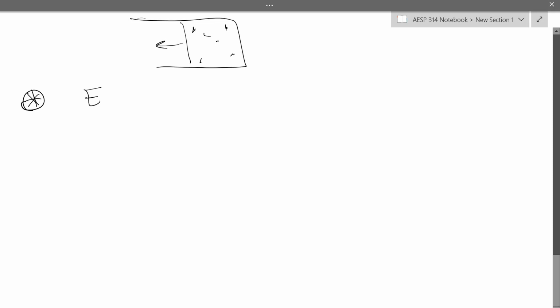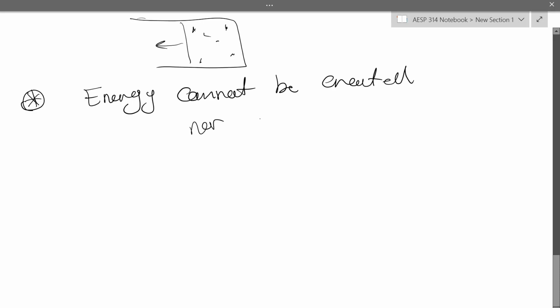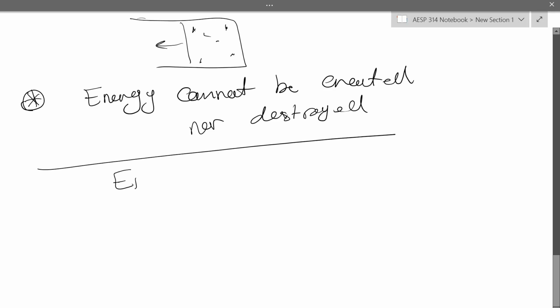Energy cannot be created and destroyed. Exactly. Thank you. Energy cannot be created nor destroyed, right? Which essentially means that energy is conserved. The conservation of energy.